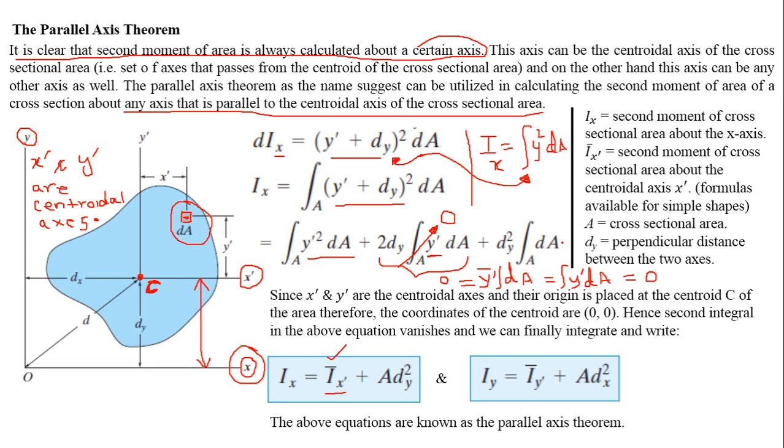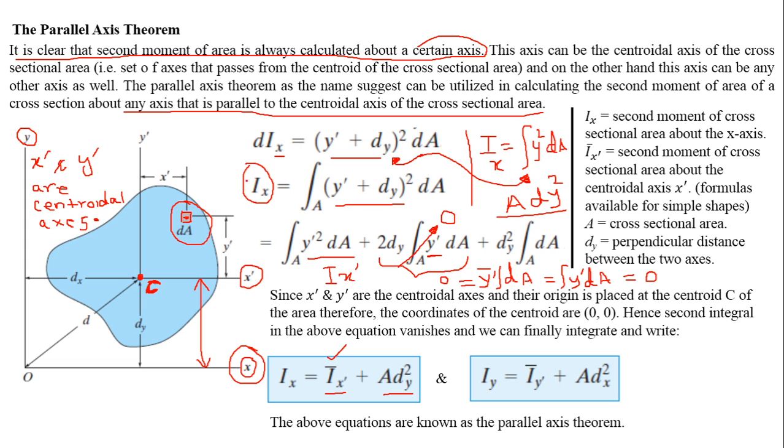And if you integrate dA with respect to the area, you will just get the total area A. So from this integral we get A times dy squared, and from this integral we simply get that this is the second moment of area of this entire cross section about its centroidal horizontal axis x prime, x dash or x prime.